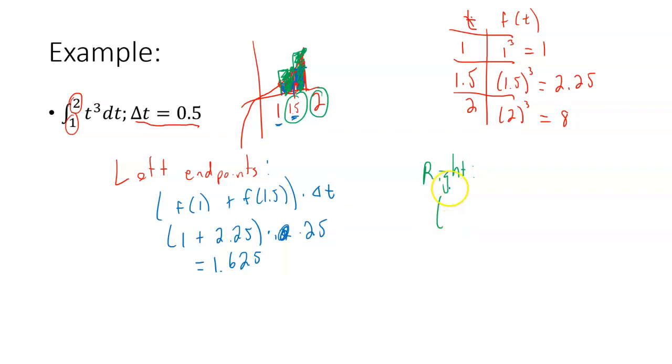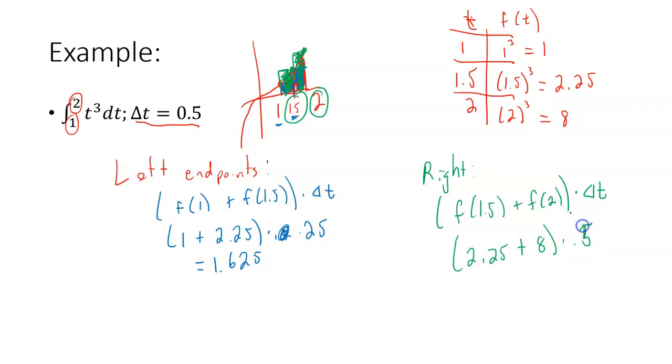We're still doing a step size of 0.5. So I still only have 2 rectangles. Again, I'm just using 1.5 and then 2 to get my function value heights. So f of 1.5 is 2.25. f of 2 is 8. My step size is 0.5.